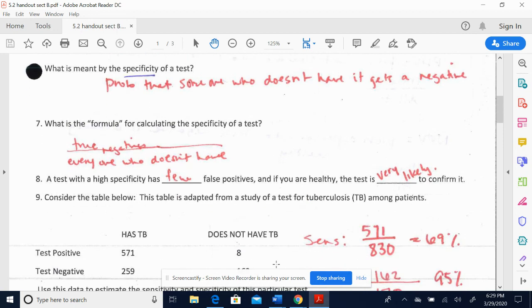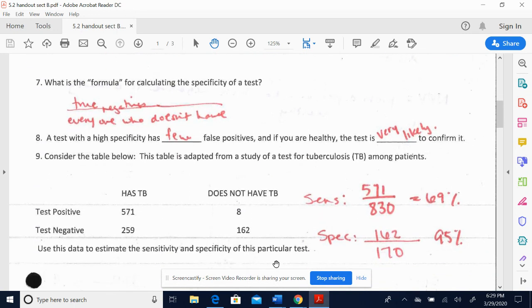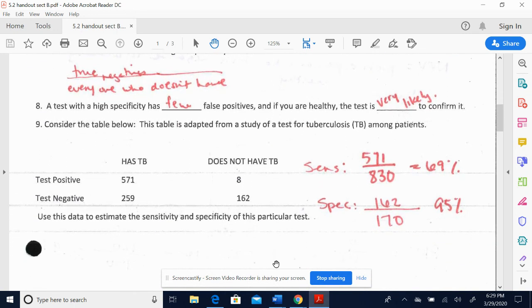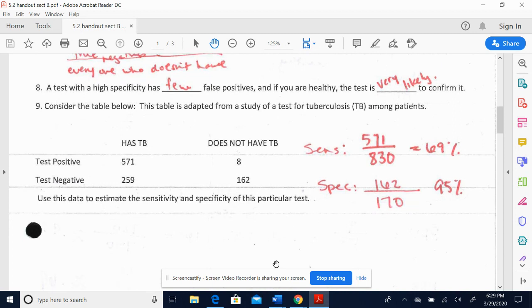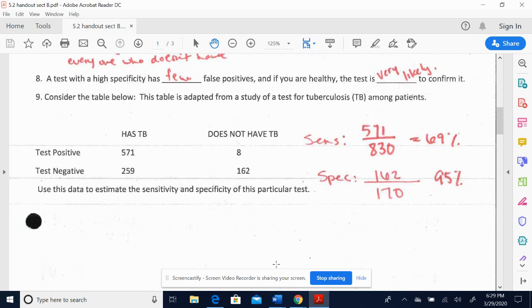Okay, so let's consider this table below. This table comes from a study of a tuberculosis test, a TB test. Usually kids take these before they go to school. So here is an organization of some information here. We have this column of people who all have TB, and this column of people who do not have TB.